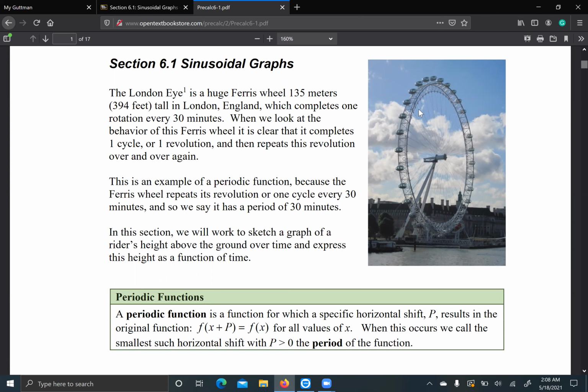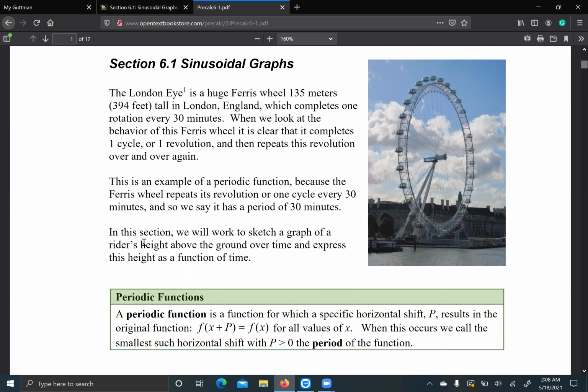This is an example of a periodic function. Why? Because the wheel repeats its revolution or one cycle every 30 minutes. And we say that the period, which means the time that it takes for this wheel to complete one cycle, is 30 minutes. So the period of this example is 30 minutes.